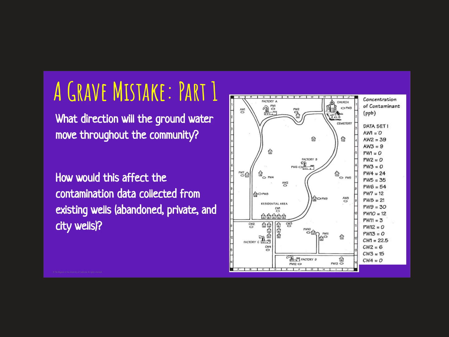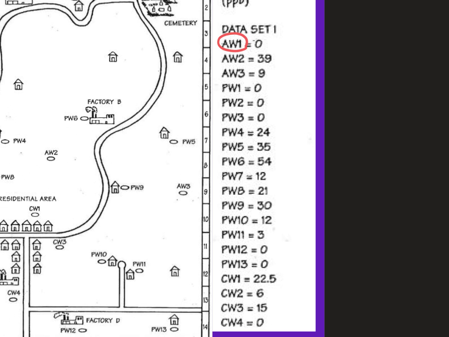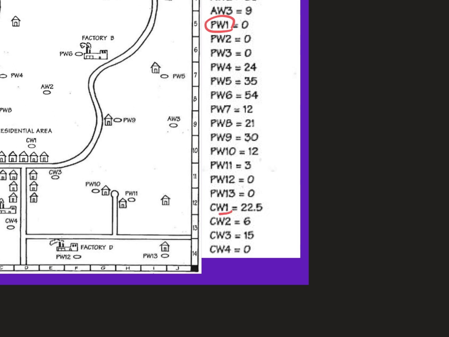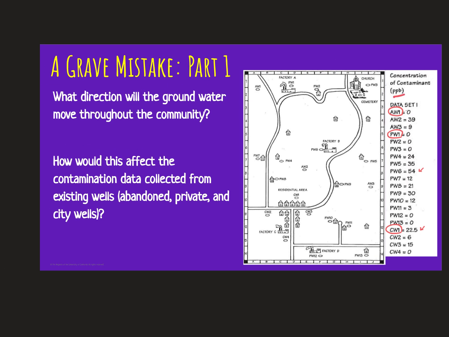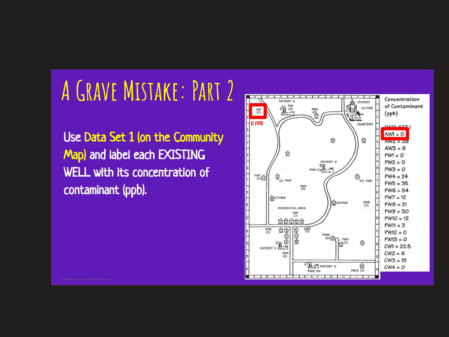So if we look at our key from our data set, we have abandoned well number 1, private well number 1, city well number 1. Ooh, that's kind of high. Whoa, that's kind of high. And then ppb is parts per billion. Part number 2: I want you to label each existing well with its concentration of contaminant.